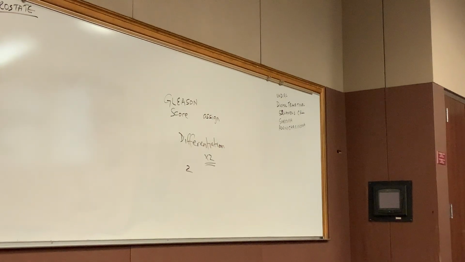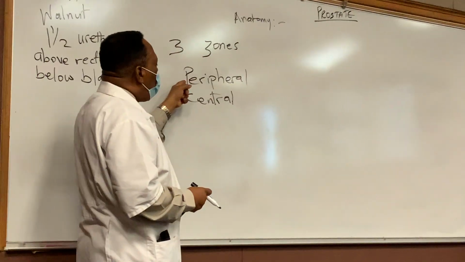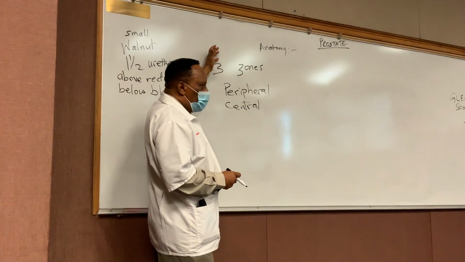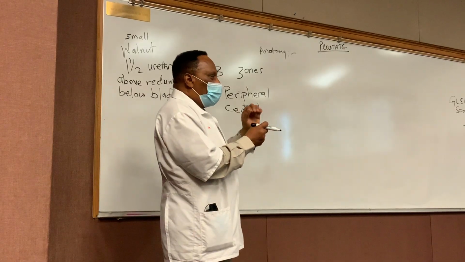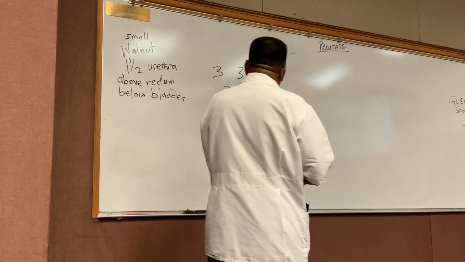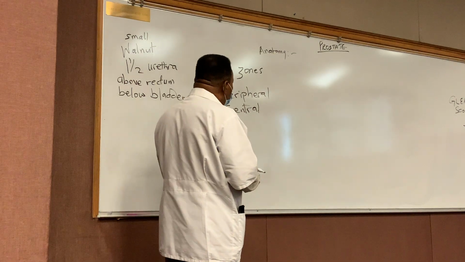So if you're going from outside to inside, it will be peripheral, that will be the outermost, and then the transitional will be the innermost part of that prostate.